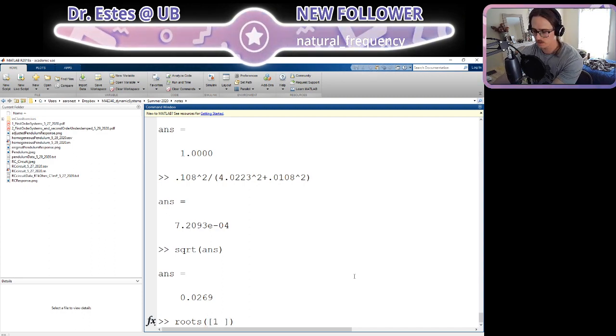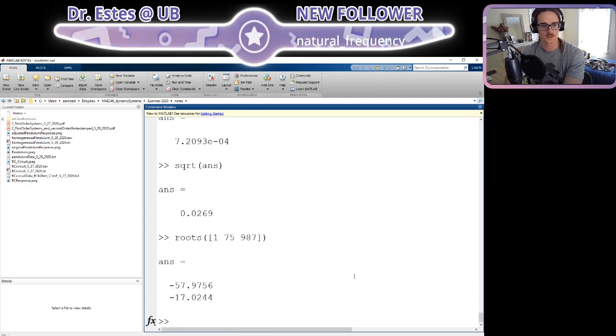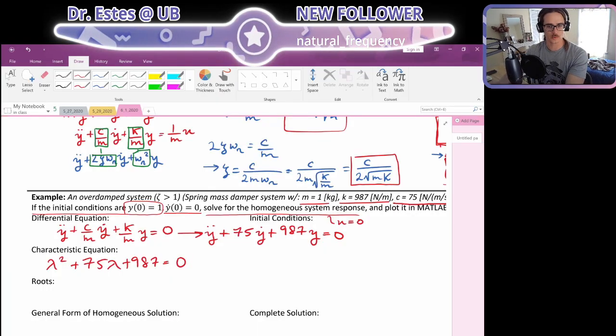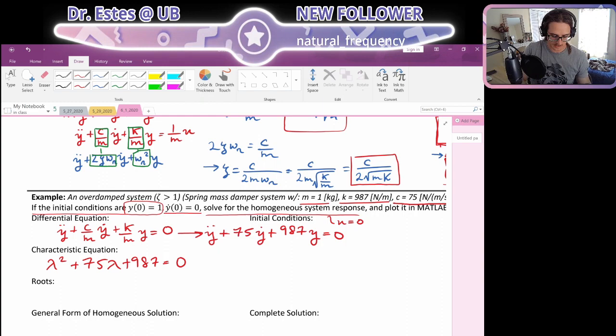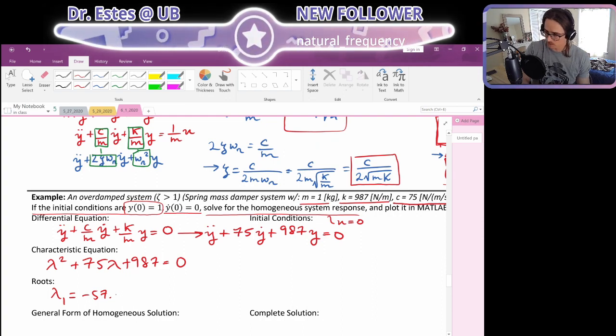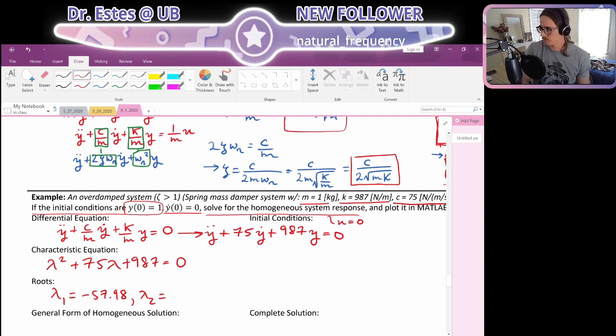So that's lambda squared plus 75 lambda plus 987. So the roots are minus 57.97 and minus 17.02. So we have two distinct real roots. Lambda 1 is minus 57.98. Lambda 2 is minus 17.02.